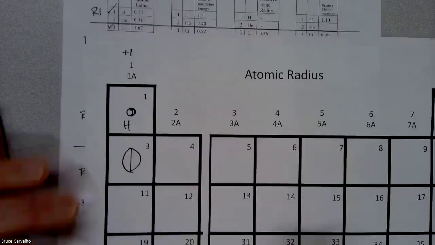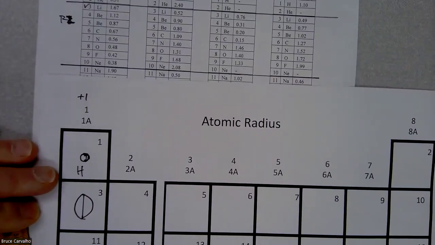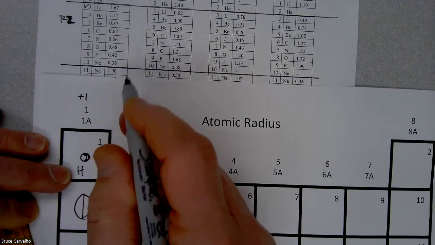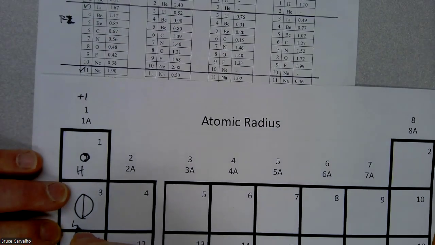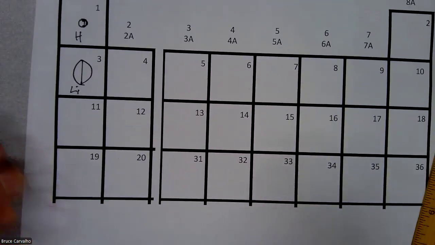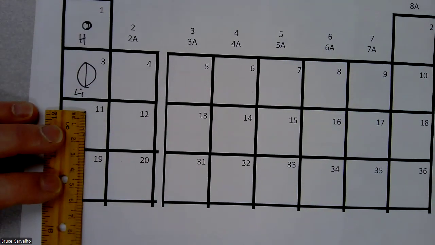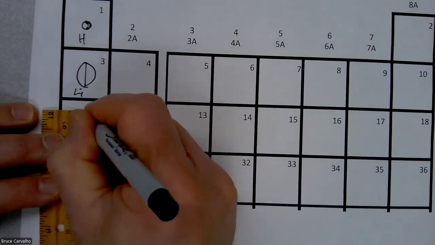Again, we're going to get it close. It's not going to be perfect. I'm going to drop down to number 11, which is 1.90, and I need to put lithium on my last one there. So 1.90 is going to be sodium, and it goes just about there to there.